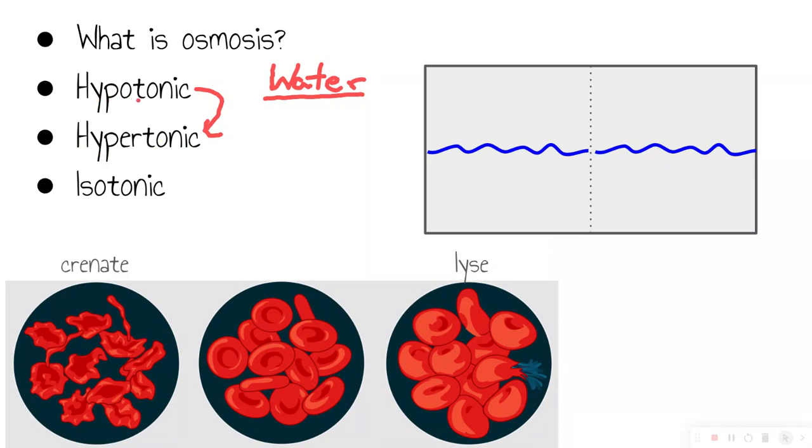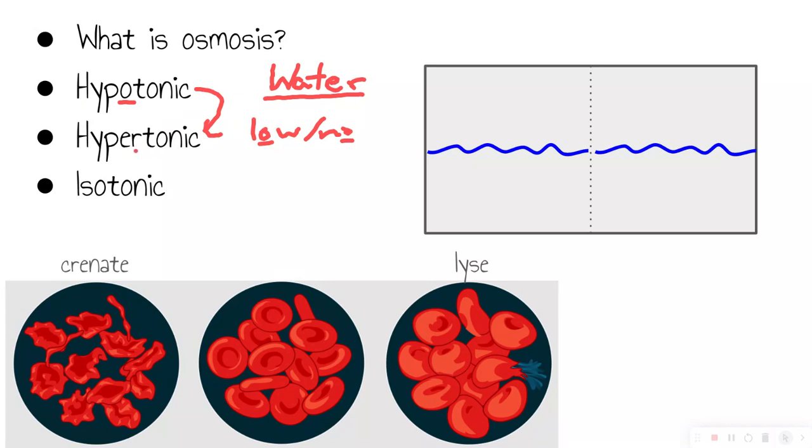A hypotonic solution is going to have a low concentration of solutes. So I remember that there's an O in hypo, low, or no. So we have a low concentration of solutes, or we have no solutes in a hypotonic solution.